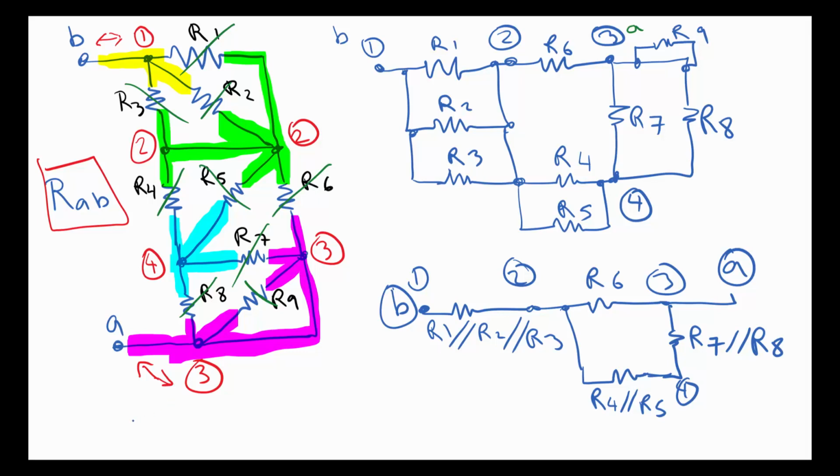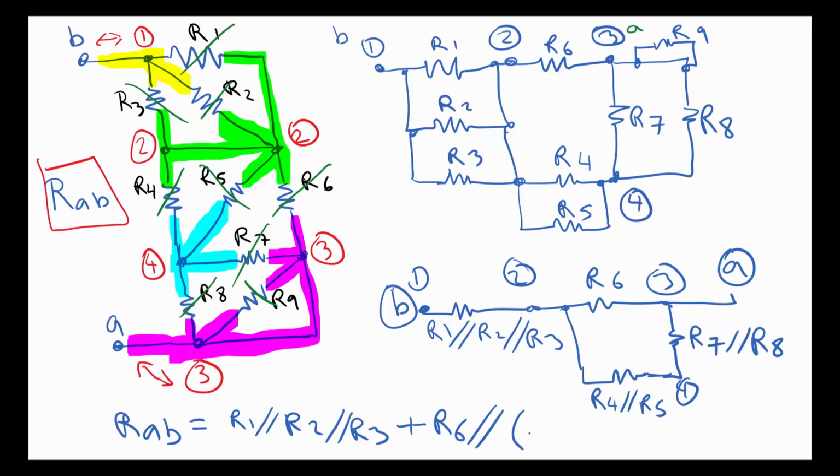So we can write our equivalent resistance RAB as equal to the parallel combination of R1, R2, and R3 plus, because this branch is in series, the parallel combination of R6, so that's in parallel with the series combination of these two resistors in parallel.